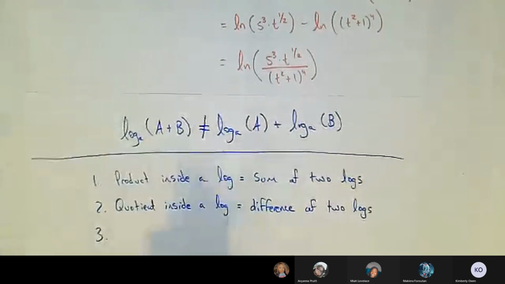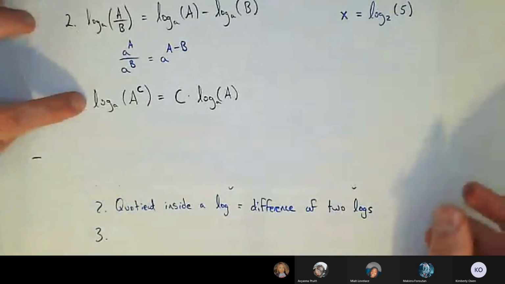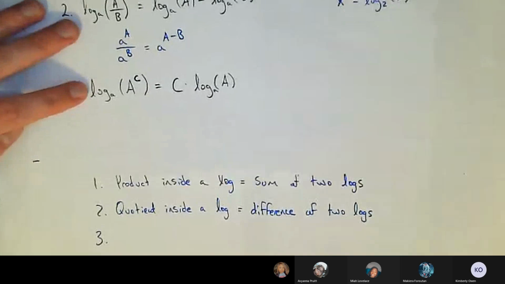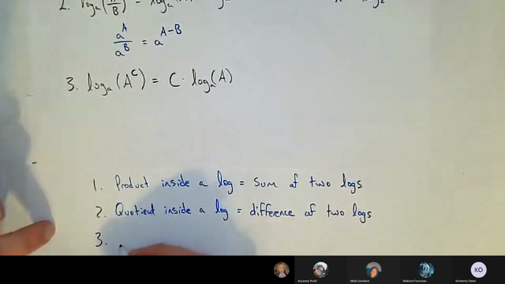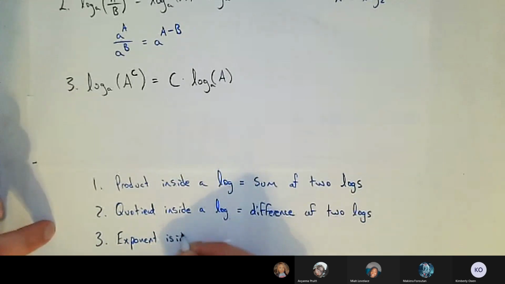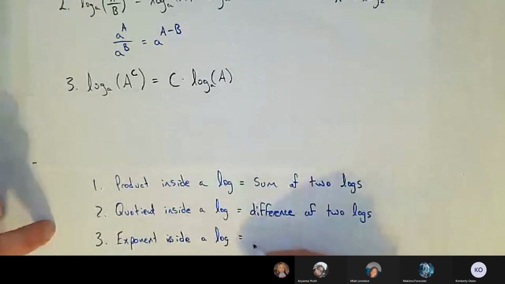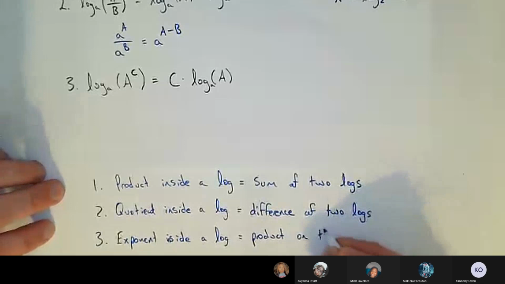And I guess I can write the third law as, so here's the third law. How should I say, exponent inside a log, just the n there, inside a log is equal to a product on the log.